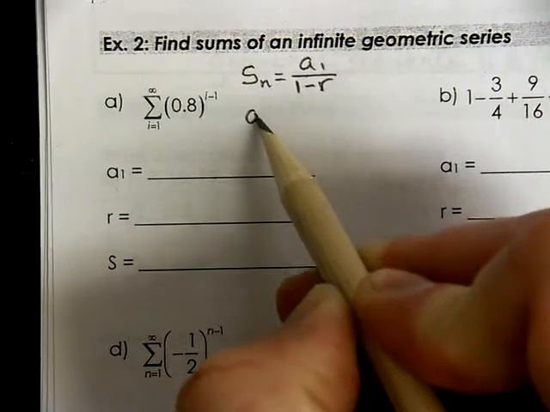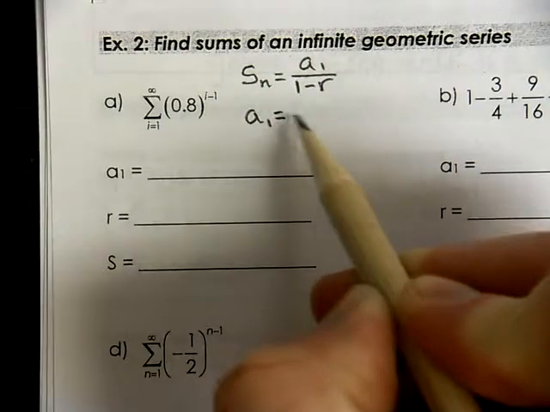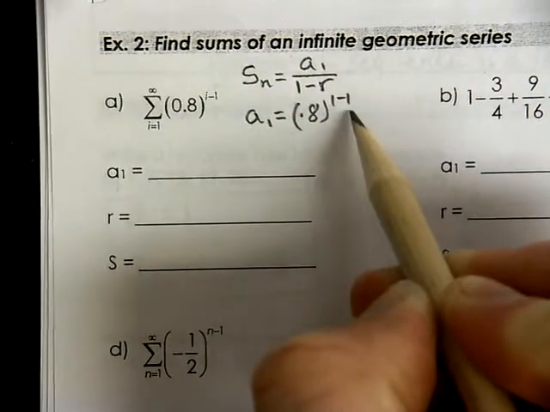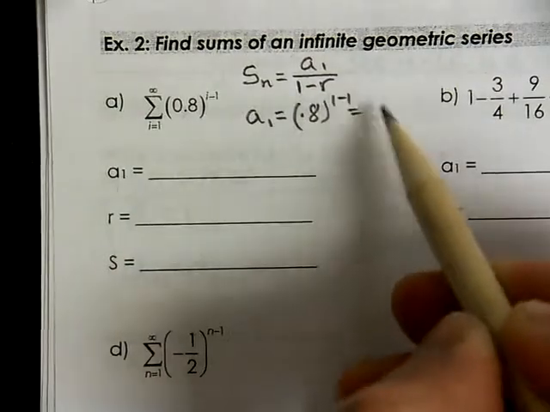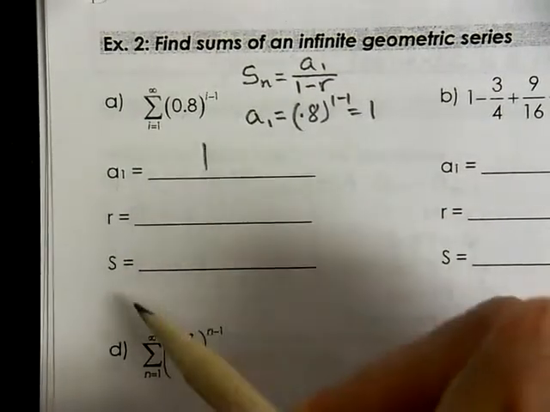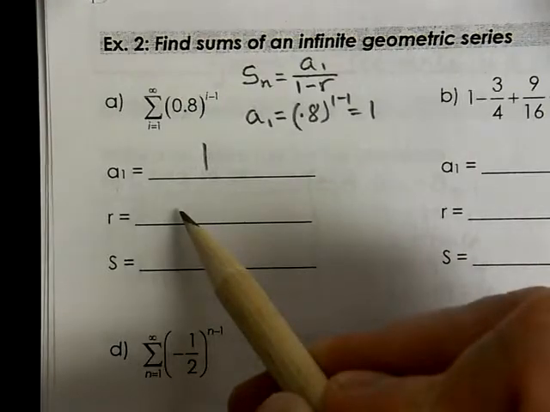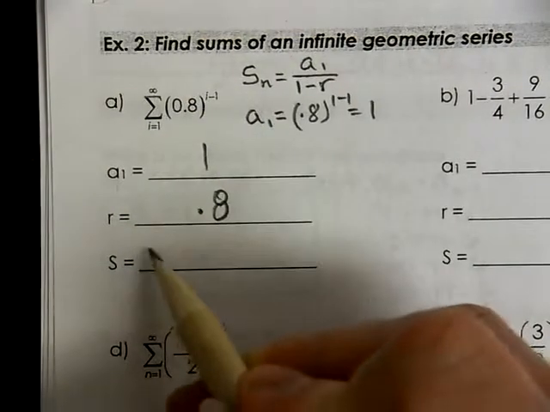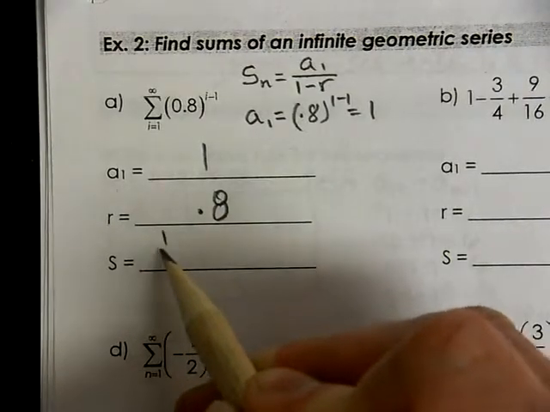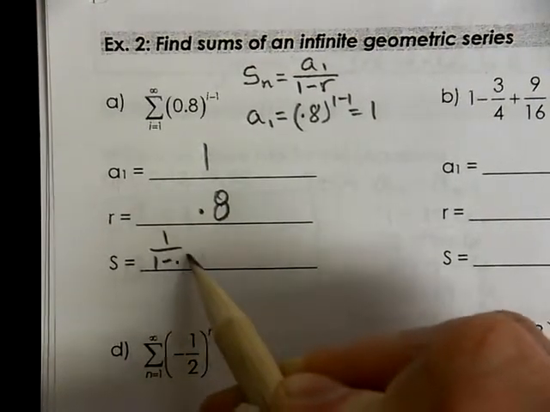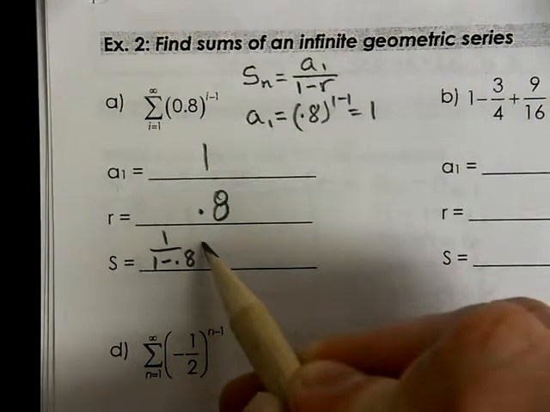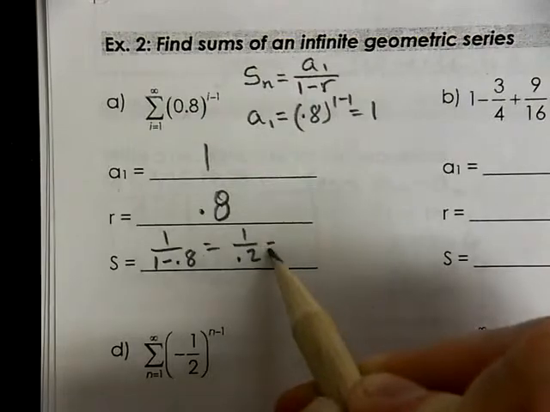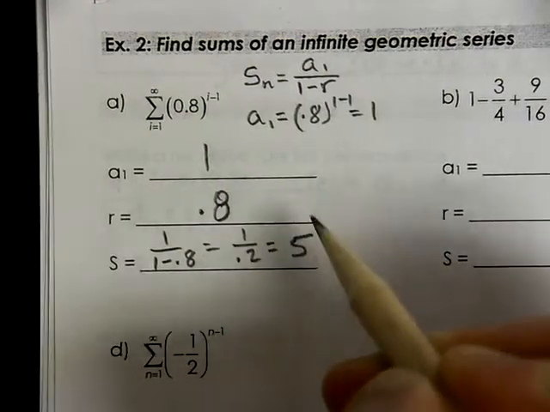The first term is 0.8 to the 1 minus 1 power, so that's 0.8 to the 0 power, which is 1. The ratio is, of course, 0.8. So the sum is 1 over 1 minus 0.8, which is 1 over 0.2, which is a value of 5.